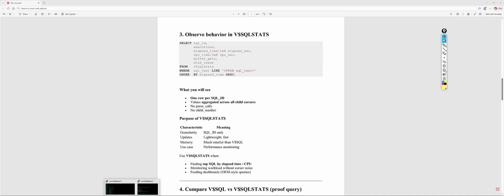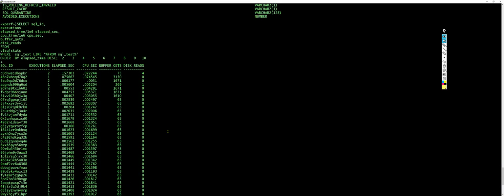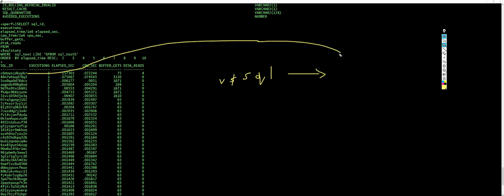Another thing is when you are not able to find an SQL statement from V$SQL. Say, for example, I need this particular SQL ID, so I'm just querying V$SQL.